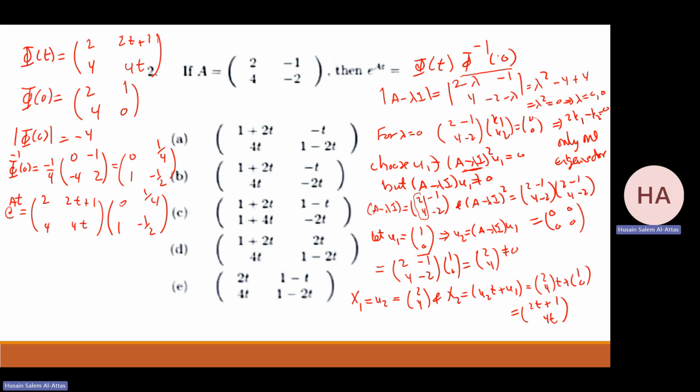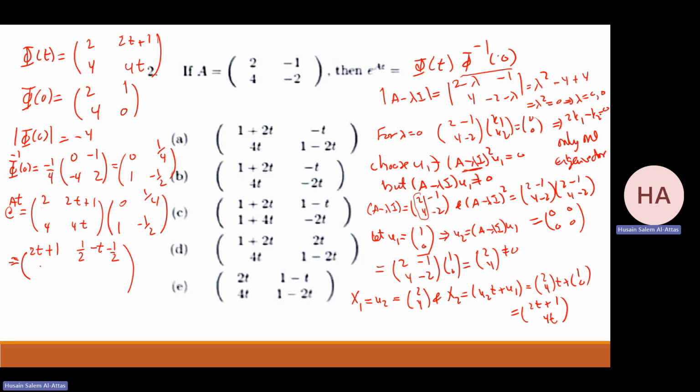Let me do the calculation. That will be what? This 1 times this, that will be 2t plus 1. Okay, good. This will be half minus t minus half. Perfect.